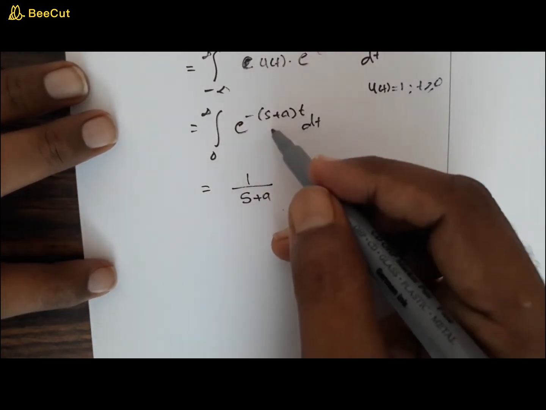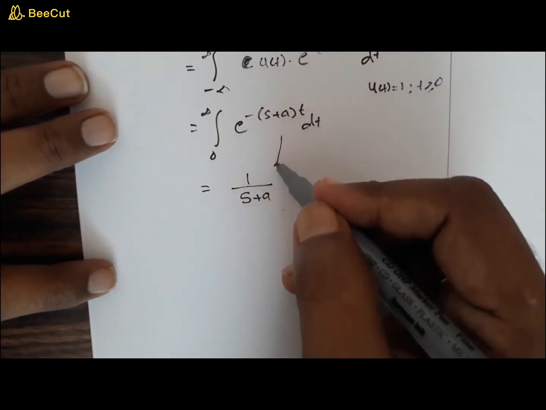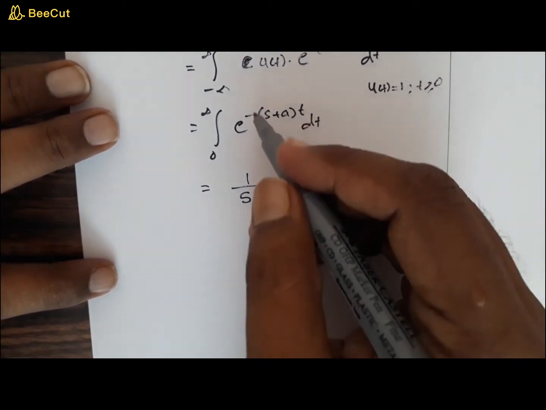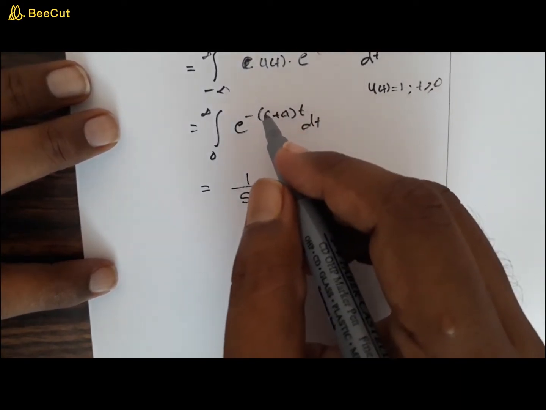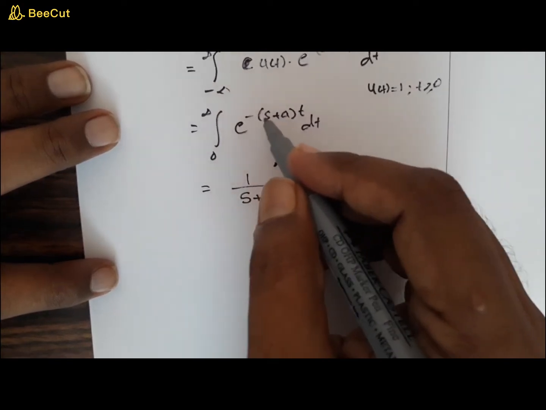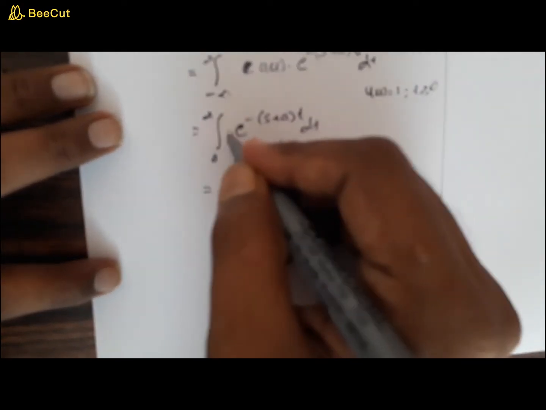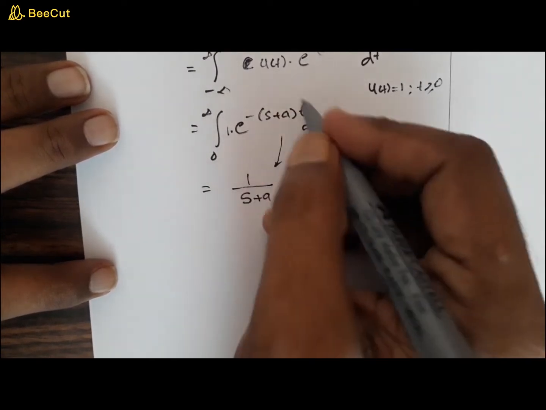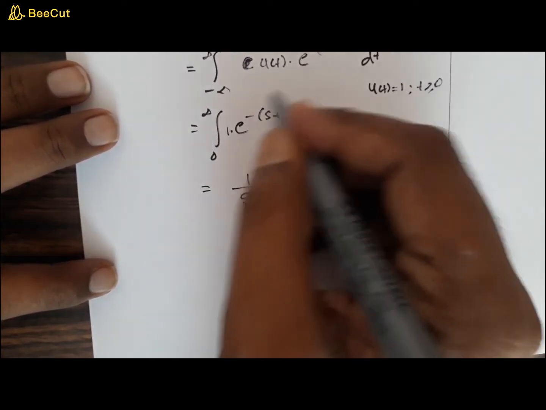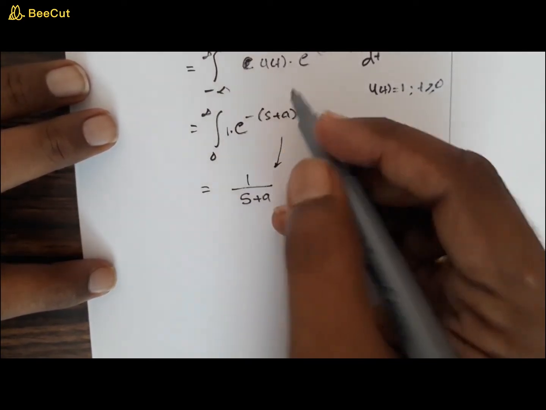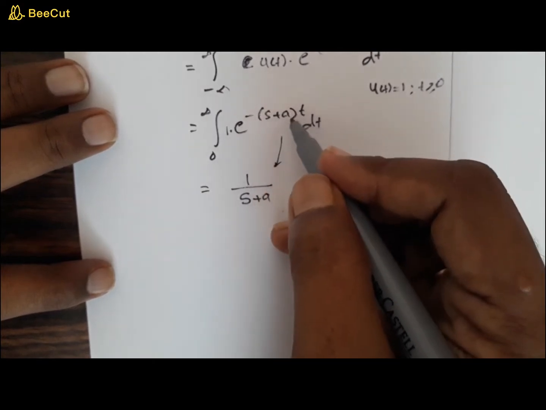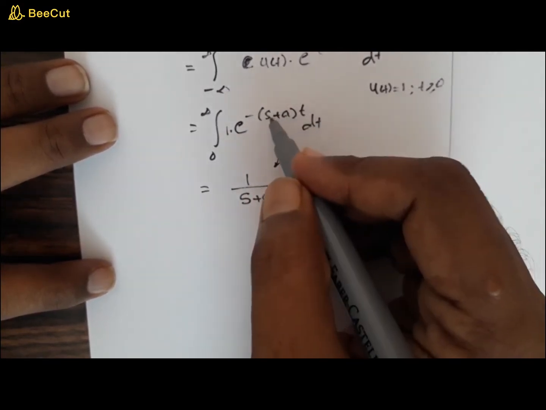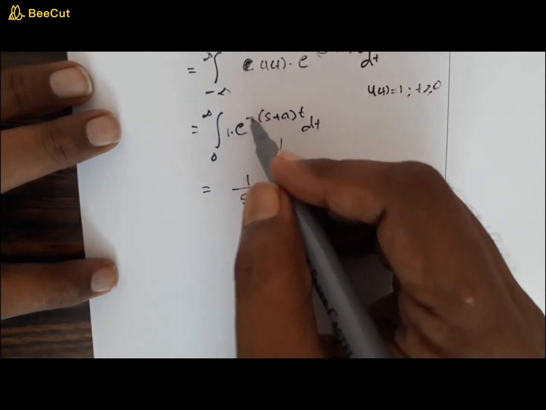Now in order to integrate to this value, what is the condition? This is 1 into e raised to minus s plus a into t. If you want to find the ROC, the region where this transform exists, this particular term that comes along with t has to be positive. What happens when s plus a becomes negative? This negative and this negative get cancelled.